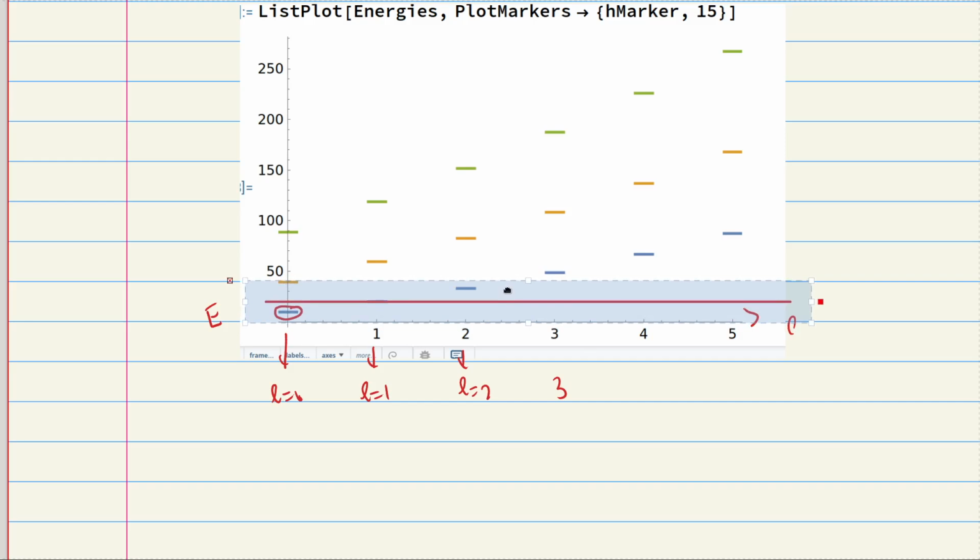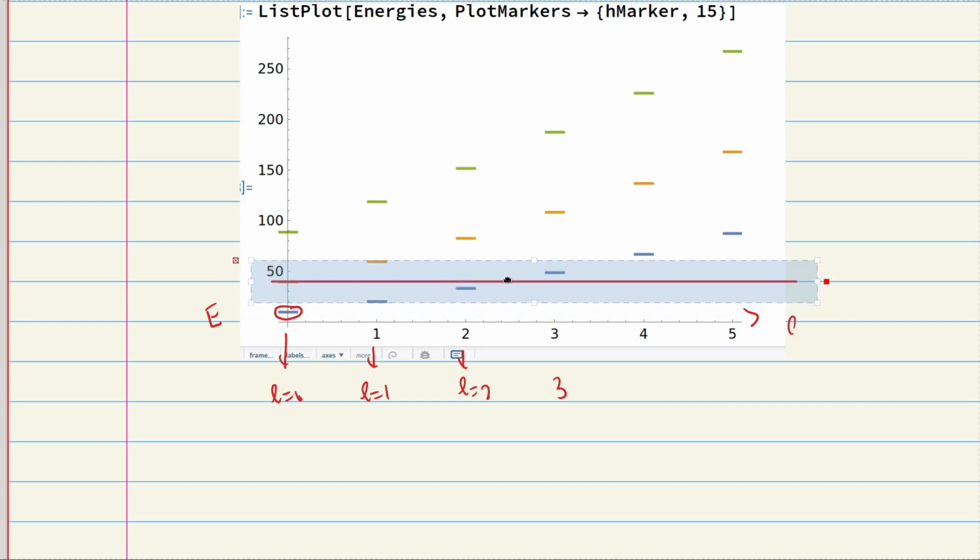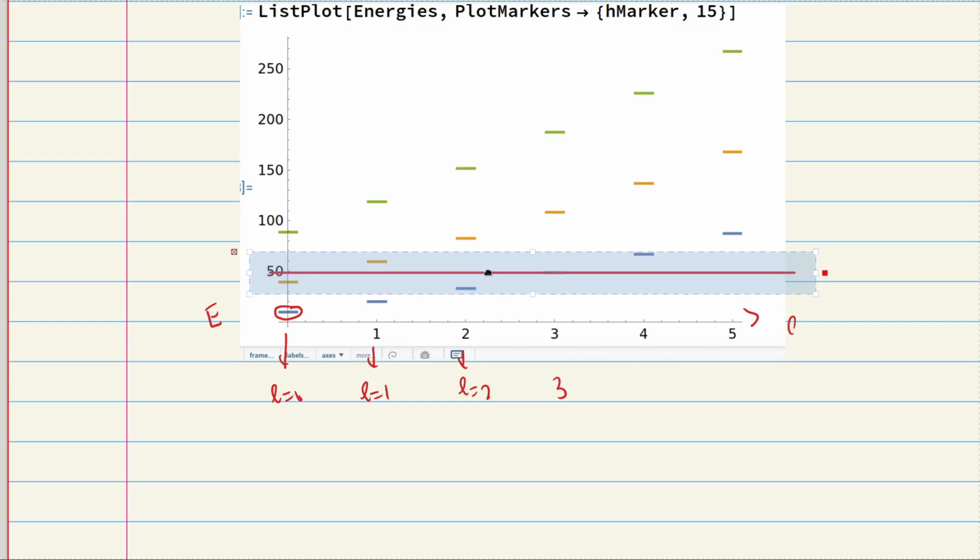It's also non-degenerate at this level, but I'll tell you about degeneracy in a little bit. The next level is L equal to 2, and then the next level is the second 0 of L equal to 0. So this is the second 0. You go one more. The next energy is the third 0 of the first Bessel function.